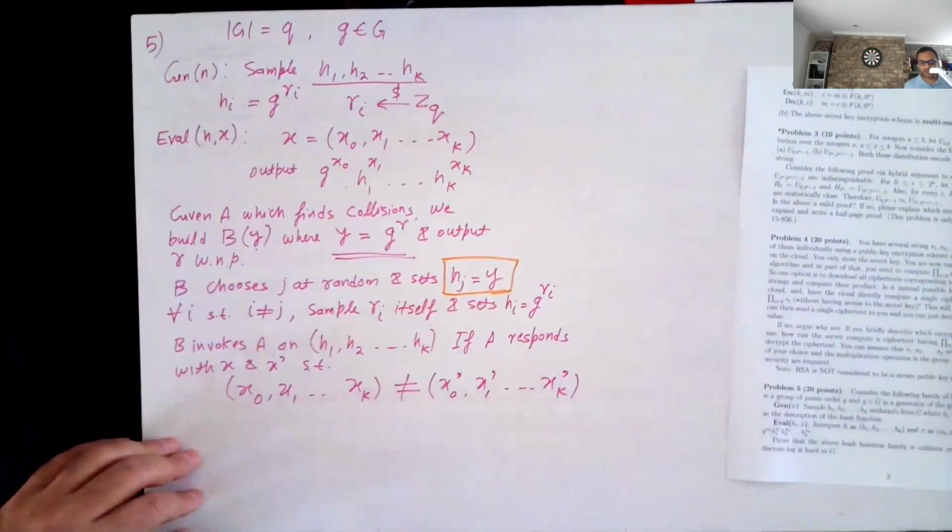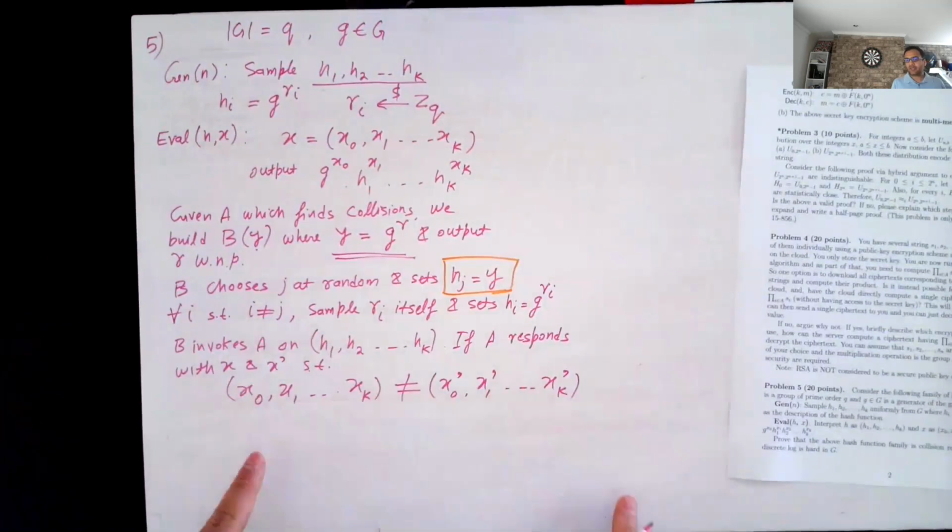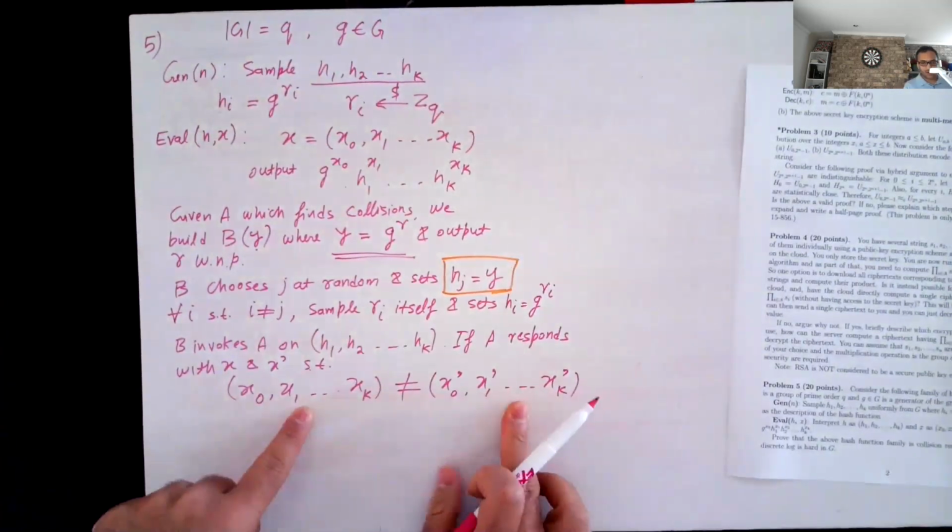So the adversary A finds a collision and gives us this pair of values.